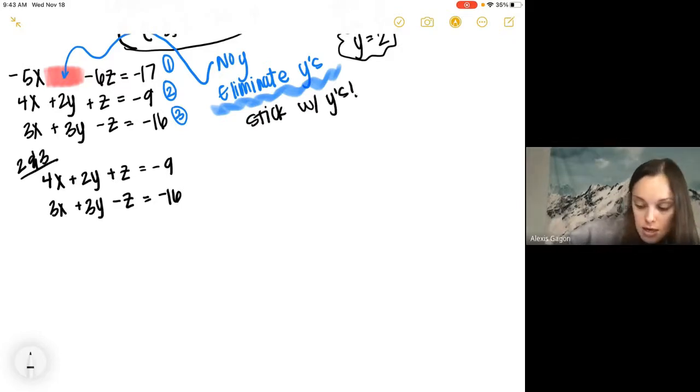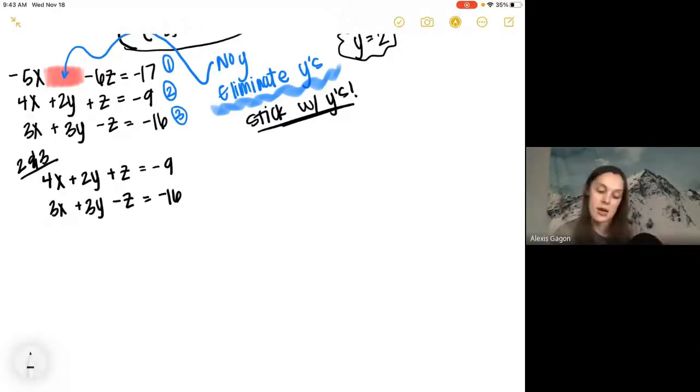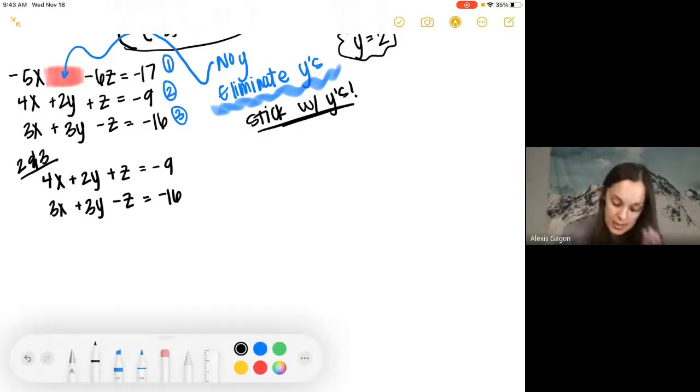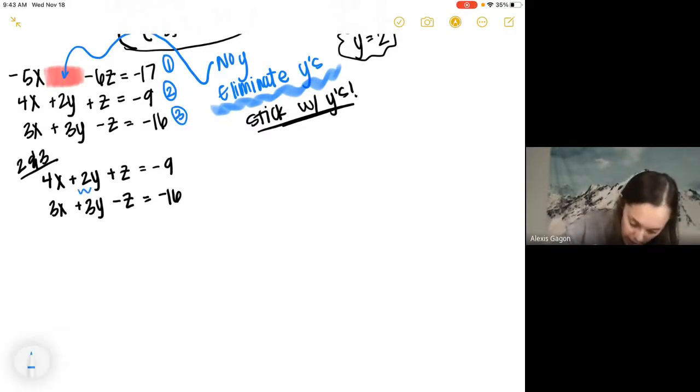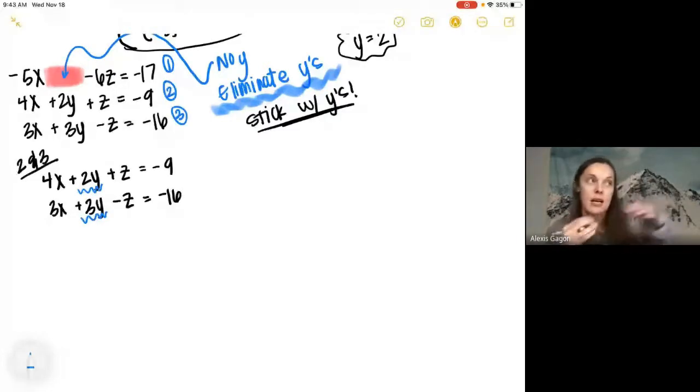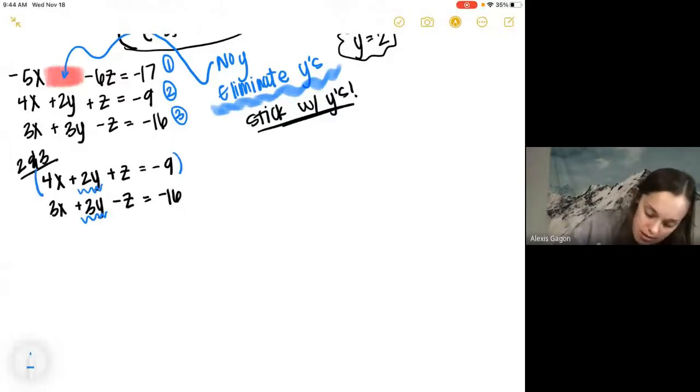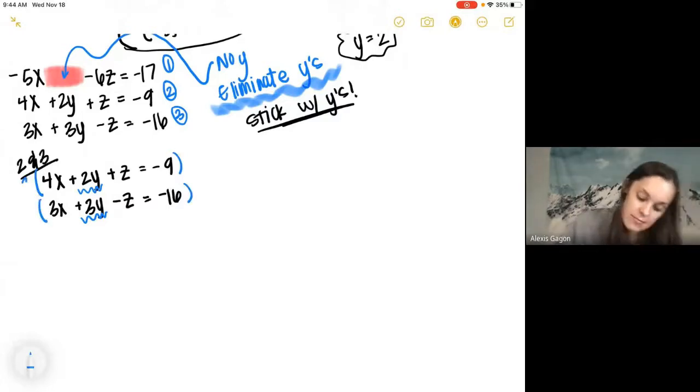And I know I eliminated y's in both of these. You can choose different variables. But we have to eliminate y's here. Now this one's kind of weird because this is a 2y and this is a 3y. I can't multiply 3 by something to get 2, or multiply 2 by something to get 3. So what I'm going to do here is multiply this top equation by 3.